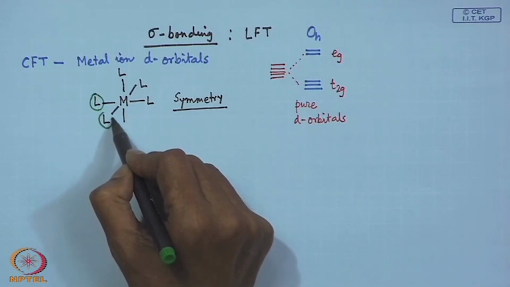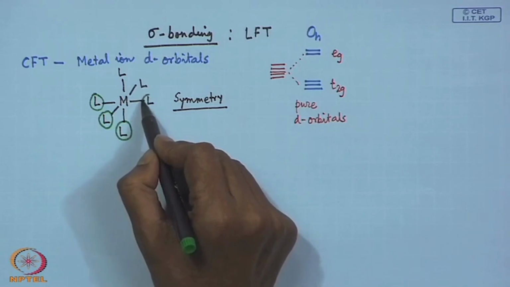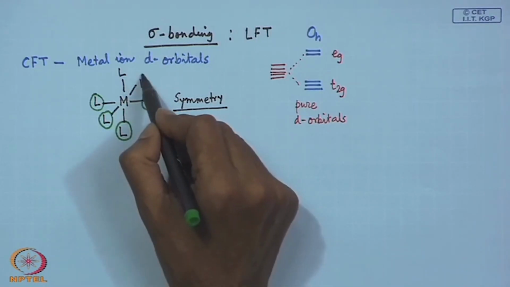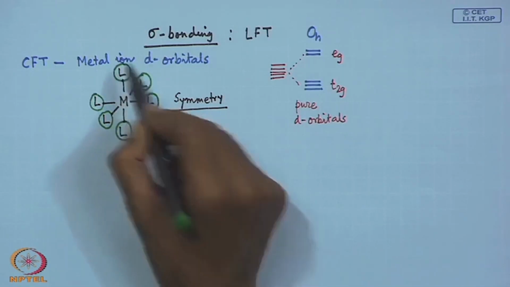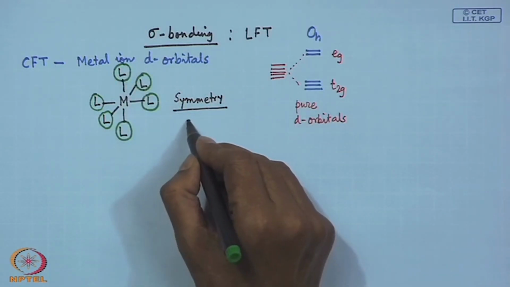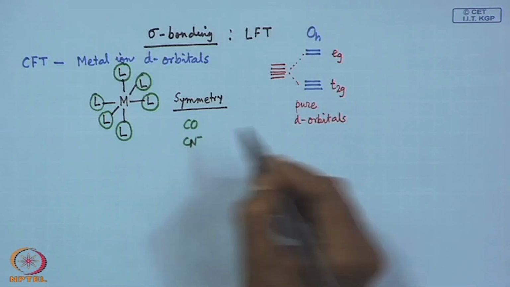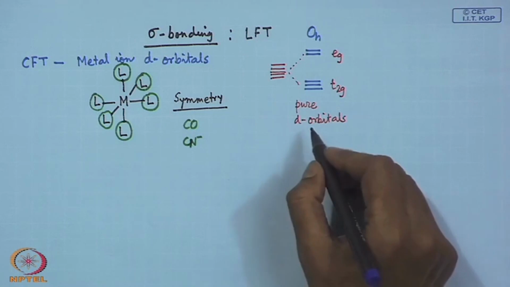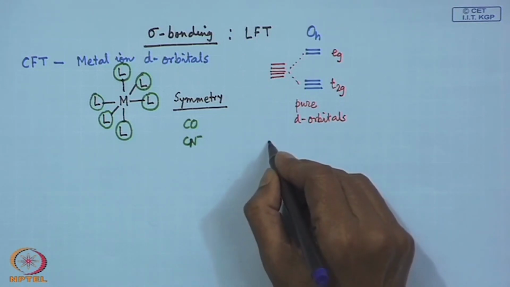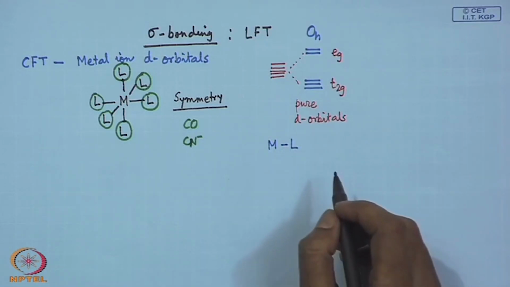But this is not everything, because this cannot explain nicely the position of the ligands in the spectrochemical series, such as carbon monoxide or CN minus. So to know the position of these ligands in the spectrochemical series, we have to consider that we must have some interaction between metal and ligand.